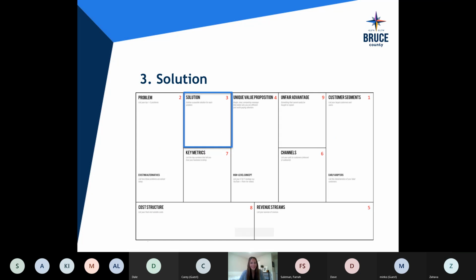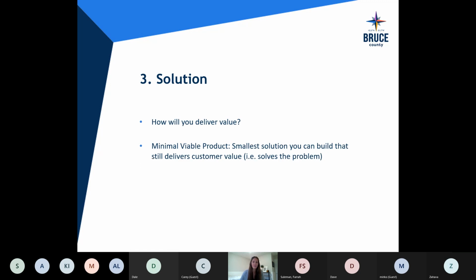Of course, when you identify a problem, you also want to identify your solution. This is where we're diving into how you will deliver value to the customers. For every problem, we want to say, here's our solution to it. One way to do this is by looking at your minimal viable product. This is the smallest solution you can build that still delivers customer value or solves the problem.